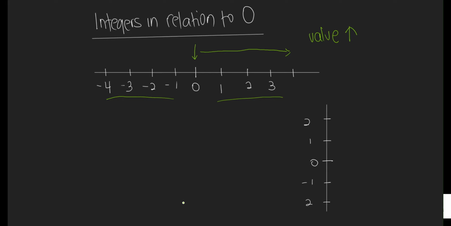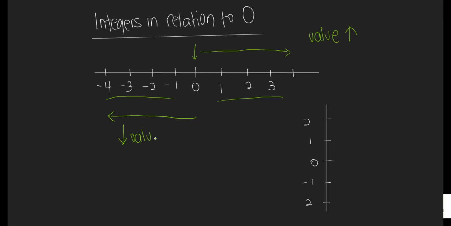Now when you move to the left of 0, you are moving in the direction of negative integers. Please take note, if you are moving into the negative integers, the further you move away from 0, the smaller the value becomes.